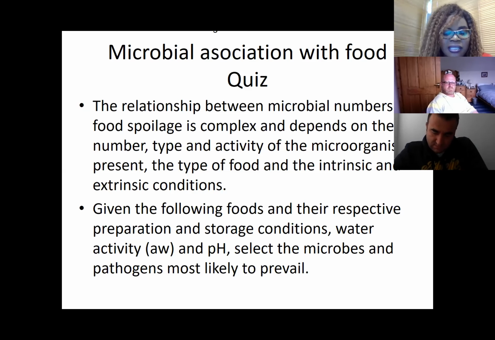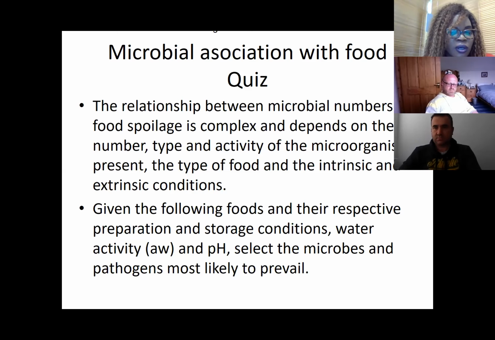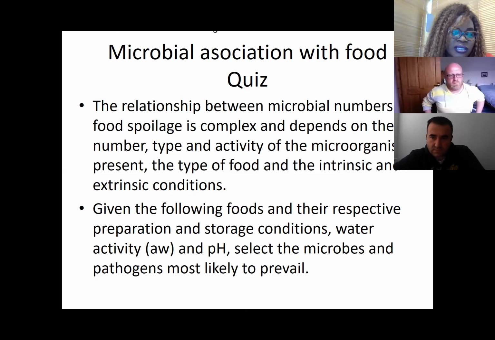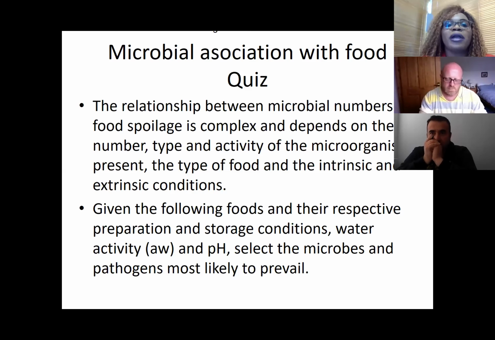So you're going to be given pictures of food, and the question says, given the following food and their representative preparation and storage conditions, water activity, pH, select the microbe and pathogens most likely to prevail in that food. So microbial association of food is very important.